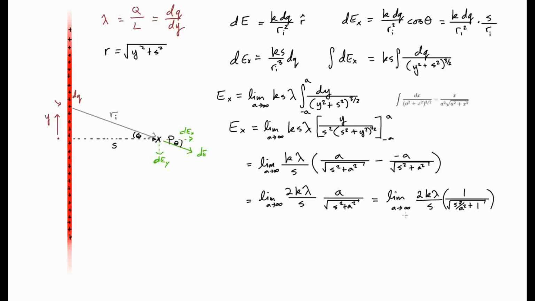What this means is that if we take this to the limit of a approaches infinity, this term goes entirely away. It goes to 0, very rapidly actually, so that we get Ex is now equal to 2k lambda over s.